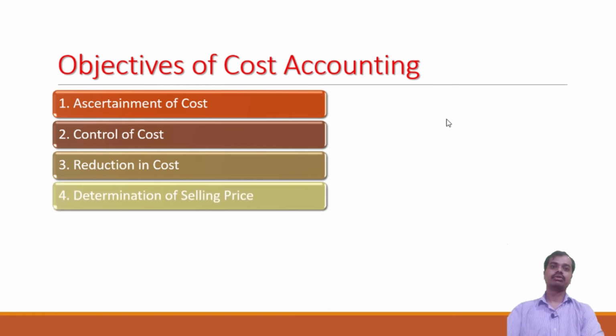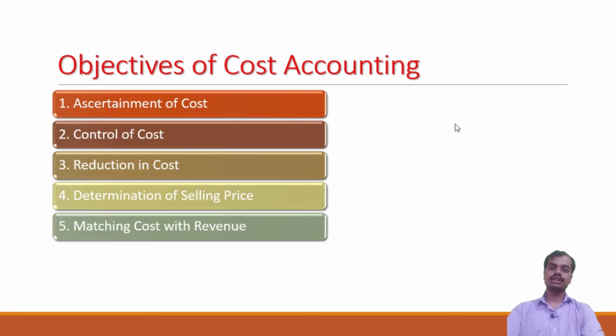Next objective is determination of selling price. Cost accounting provides cost information on the basis of which selling prices of products or services can be determined. In the event of depression or recession, cost accounting guides in deciding the extent to which the selling price may be reduced to meet special situations.